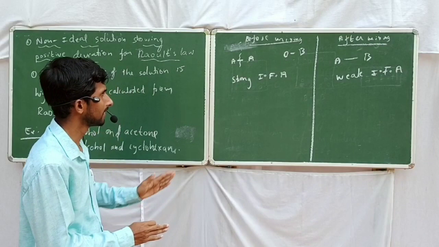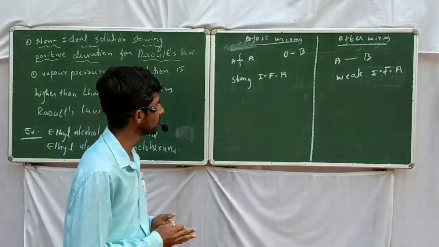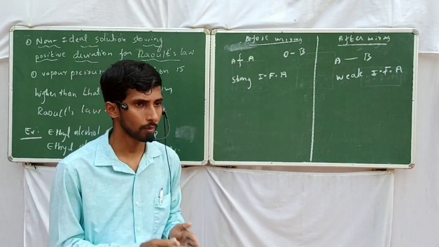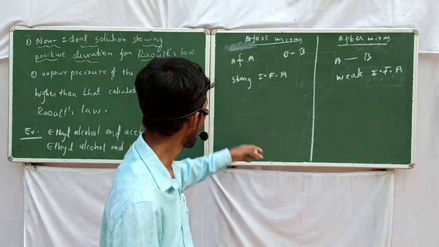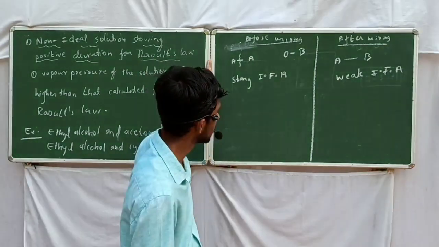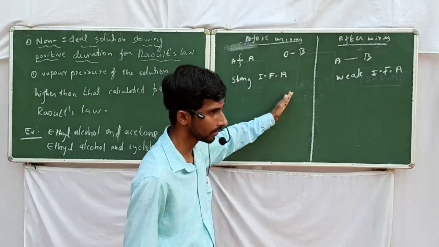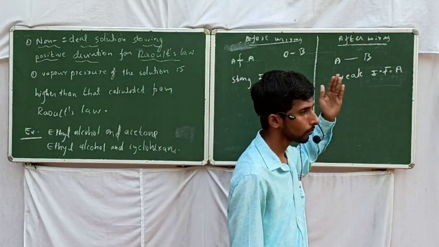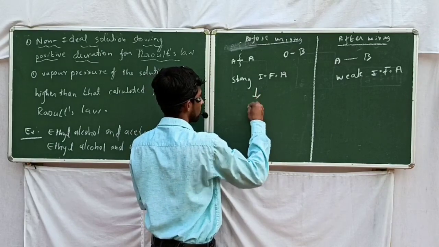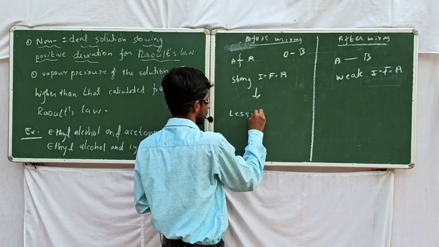This is in the case of non-ideal solution showing positive deviation from Raoult's law. Initially in the pure state, a component has strong intermolecular forces of attraction. Once you mix, that strong intermolecular force of attraction will break. They will form new forces of attraction that are weak. So if strong forces of attraction are there, then they are less volatile.